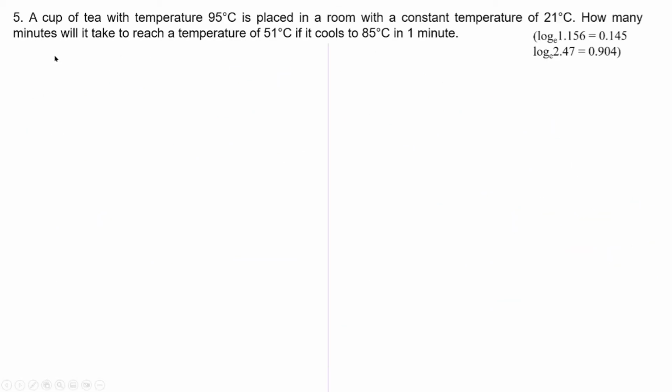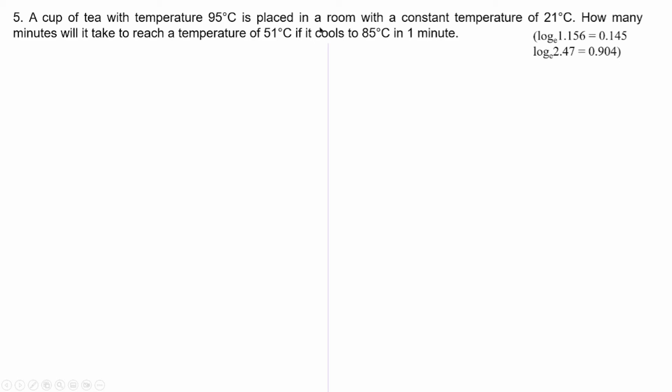Next question. A cup of tea with temperature 95 degrees Celsius is placed in a room with a constant temperature of 21 degrees Celsius. How many minutes will it take to reach a temperature of 51 degrees Celsius if it cools to 85 degrees Celsius in 1 minute? So here the initial temperature of the cup of tea is 95 degrees Celsius.